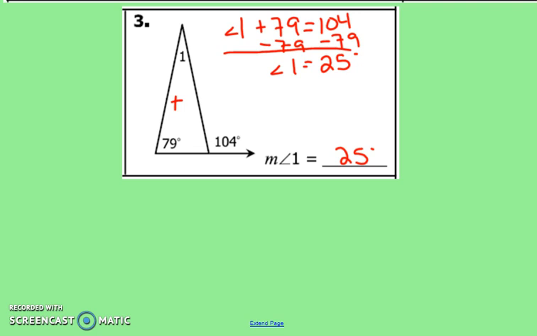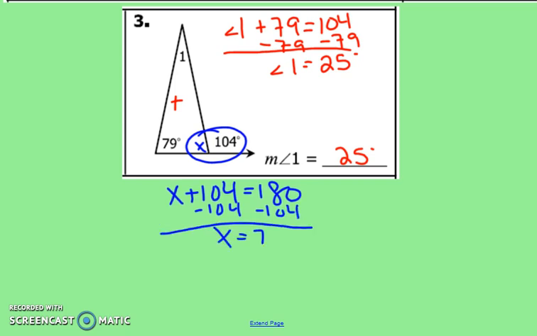Now, again, if you forgot that those worked, these two, my blue x, make a linear pair. So I can say x plus 104 equals 180. If I subtract 104 on both sides, x is going to equal 76.